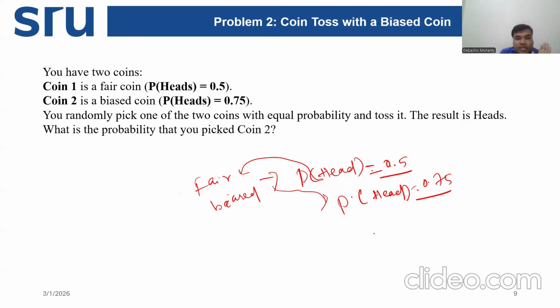The only result we are getting is head, as you can see from the question also. Now, what is the probability that you picked coin 2? So the second coin it is asking about. Now, tell me what is the probability of A1 and probability of A2? Probability of A1 equals probability of A2, that is 0.5.